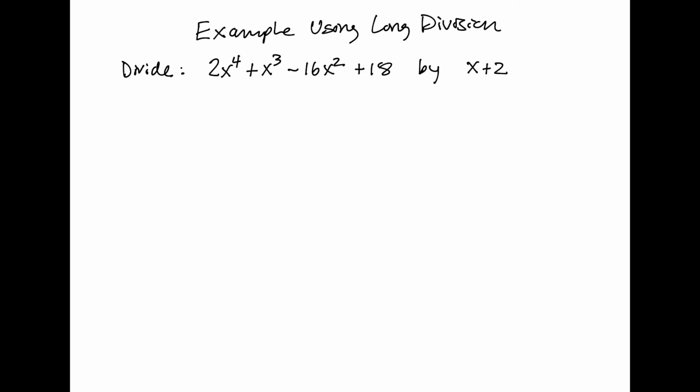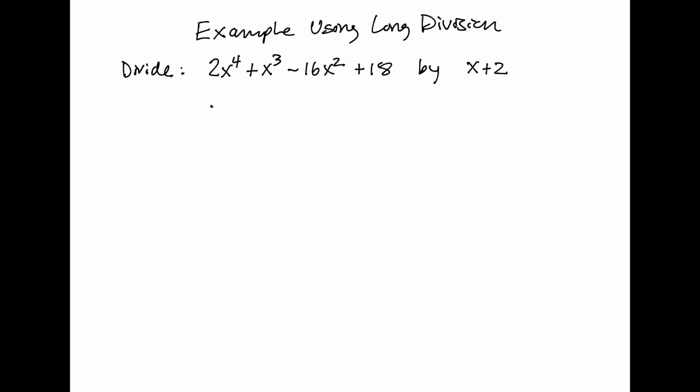So let's do another long division problem here. We're going to take this polynomial, which is a fourth degree polynomial, and we're going to divide it by a first degree polynomial using long division. So the setup to this, always important to keep in mind what is getting divided by and what is going into.